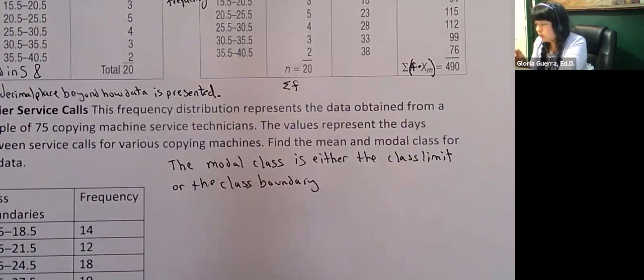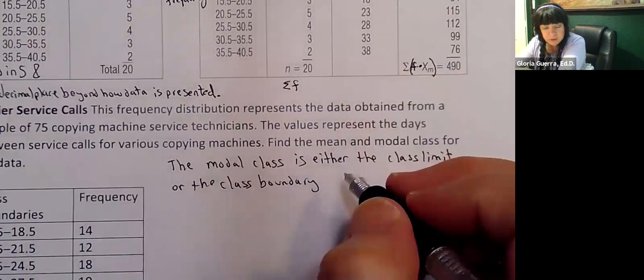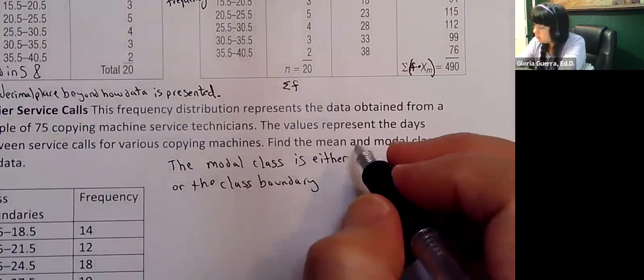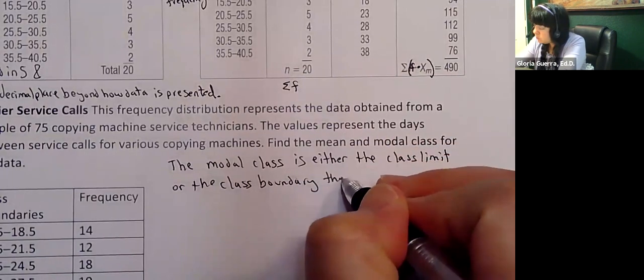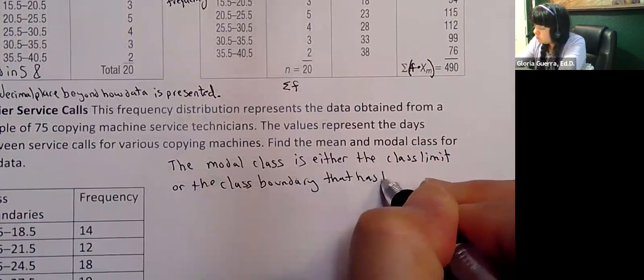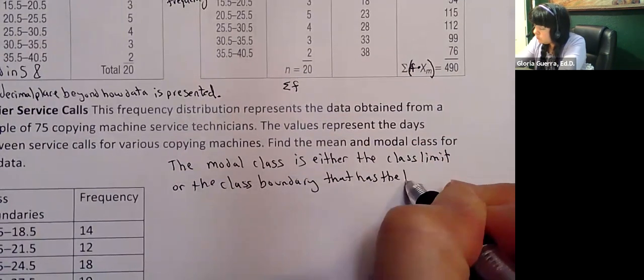Usually it's one or the other. They either give you the class limit or they give you the class boundary. Rarely do they give you both. But it's going to be the class limit or the class boundary that has the largest frequency.